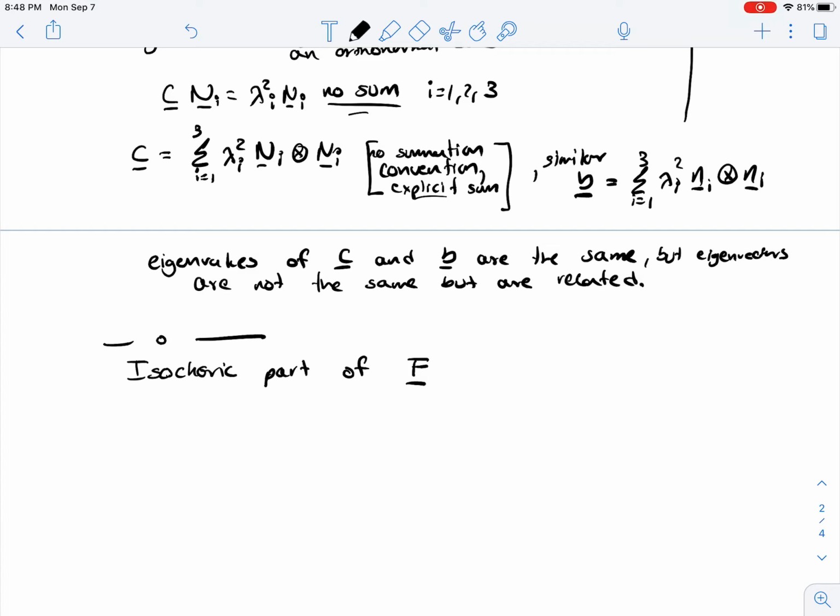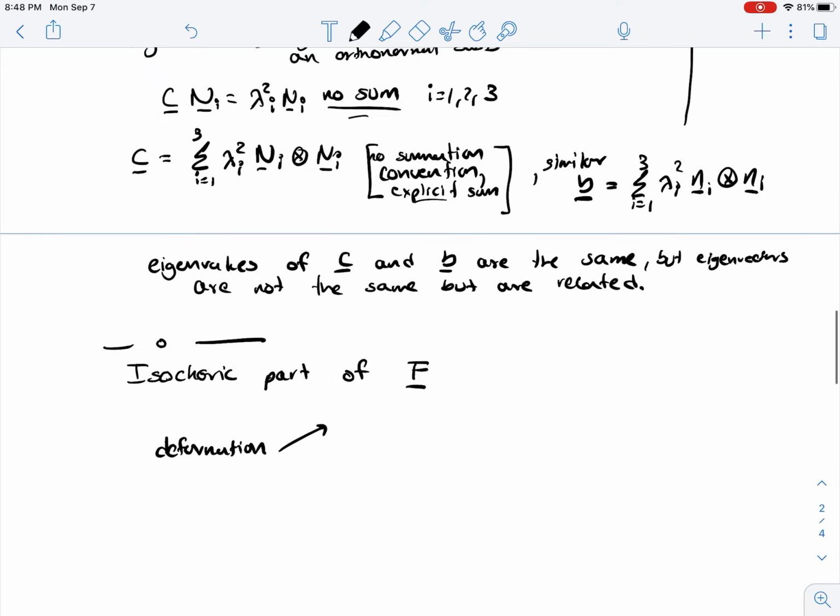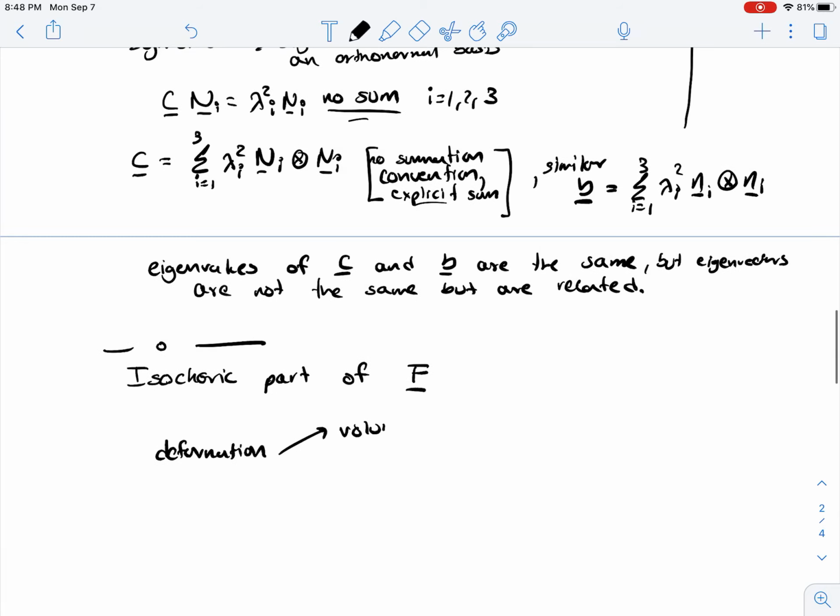So basically things that do not really distort the material, but just expand it or contract it. And so those are volumetric changes. So we might be interested in deformations that are associated with volume changes, and deformations that are associated with distortion.